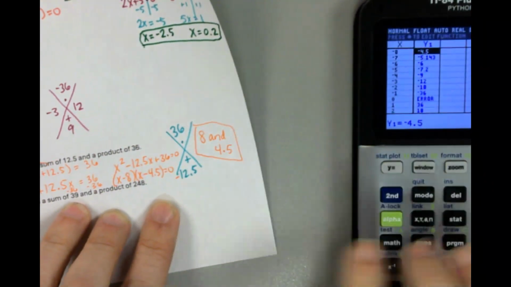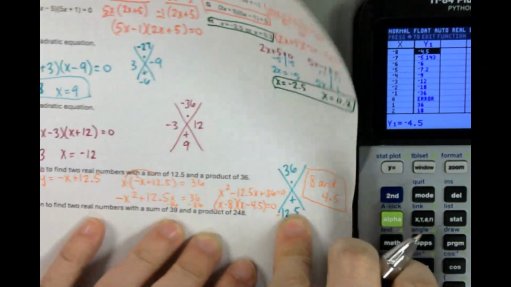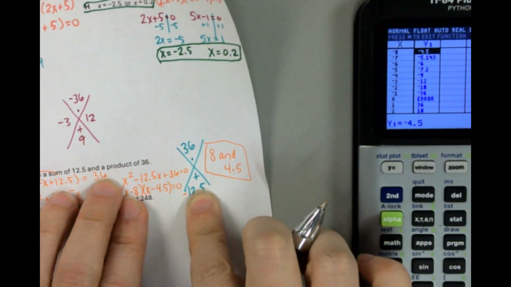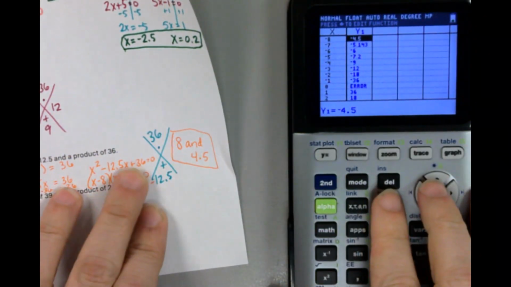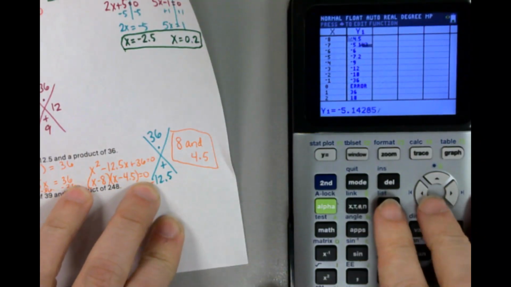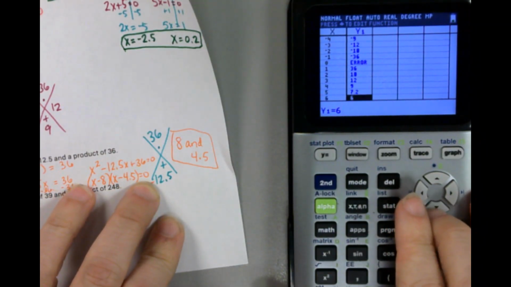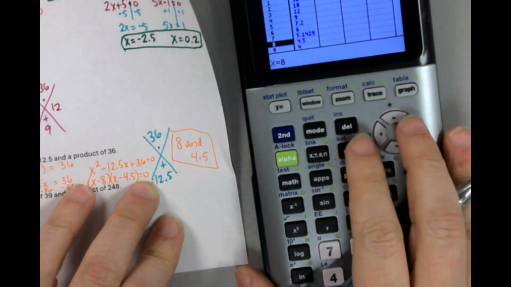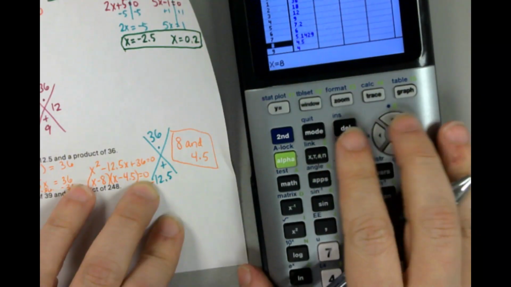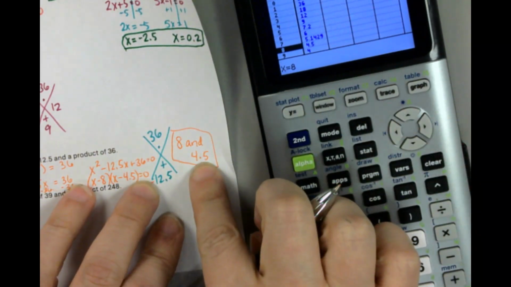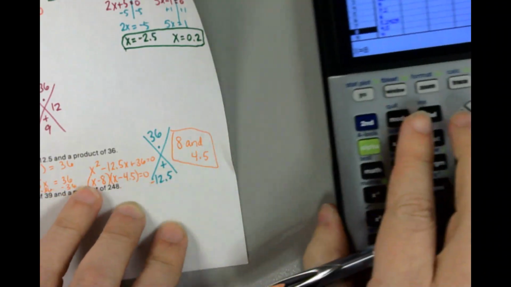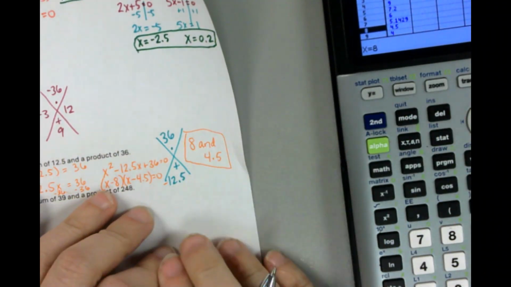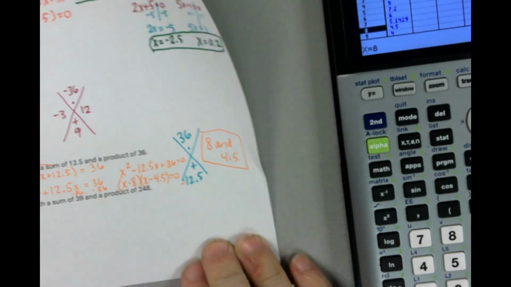If I wanted to just go straight from here and lose the 1 point for not using a quadratic equation, I want it to multiply to 36 and add to positive 12.5. That happens. 8 plus 4.5 is 12.5. So again, I have 8 and 4.5. Either way, my solutions are 8 and 4.5.